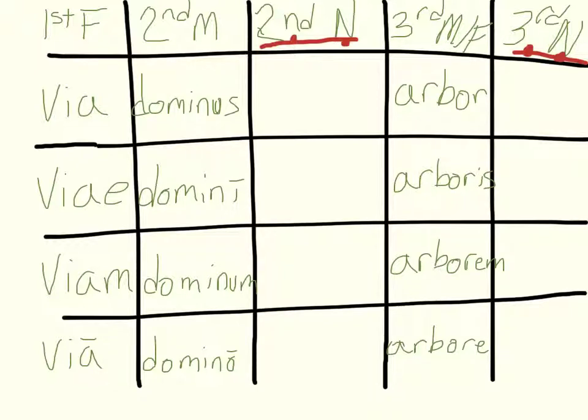Okay, so one of the things that we're going to see is that for neuter nouns, the nominative and the accusative forms in the singular are the same. So our noun that we'll look at is baculum. And you'll notice this already deviates from a second declension masculine noun by the fact that it has an UM here instead of a US.